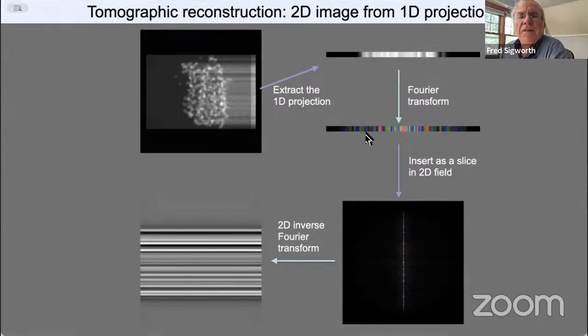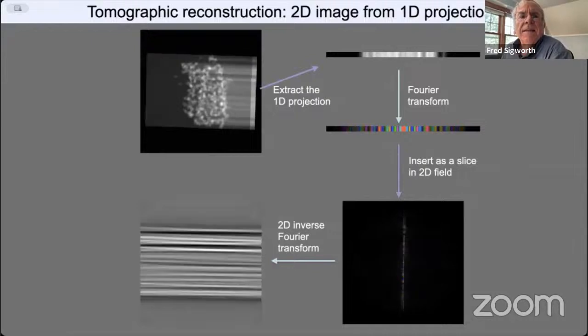We take that projection, we Fourier transform it, and we insert it as a slice into a 2D field. And just for fun, as we build this up, I'm doing an inverse Fourier transform of that, so we can see how well we're doing with reconstruction.